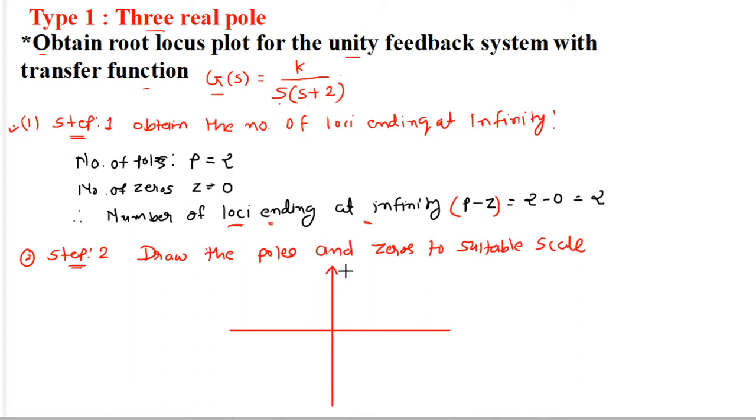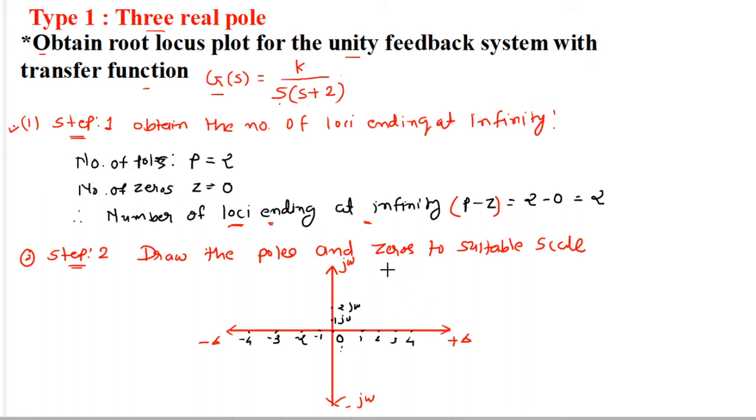That is the imaginary axis, j omega and minus j omega, and that is our real axis, sigma, negative real axis on one side and plus sigma on the other. Here is our origin, 0, then minus 1, minus 2, minus 3, minus 4, and j omega, 2 j omega on the vertical axis.